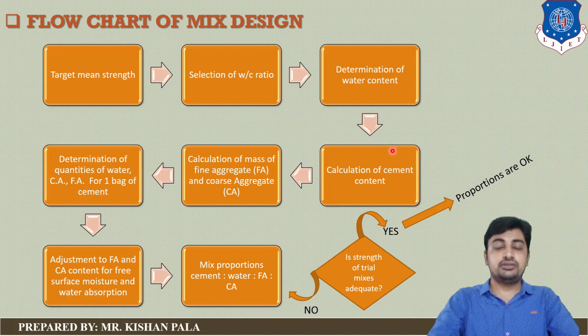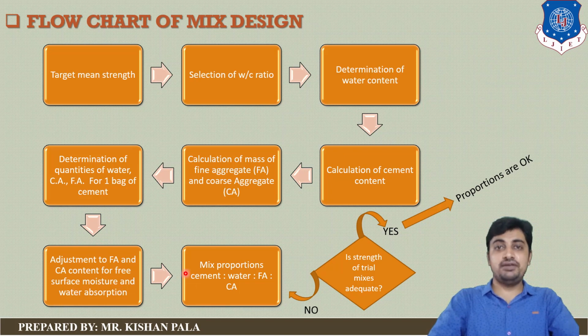After finalizing the cement content, we have to calculate the volume of coarse aggregates and fine aggregates. Then we have to determine the quantity of water, coarse aggregate and fine aggregate for one bag of cement, with the correction of the aggregates based on surface moisture and water absorption.